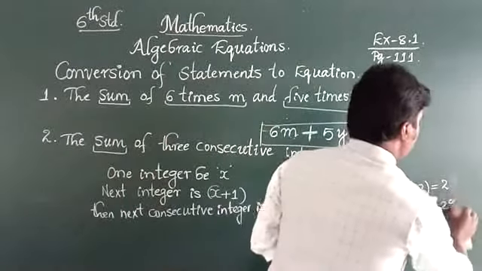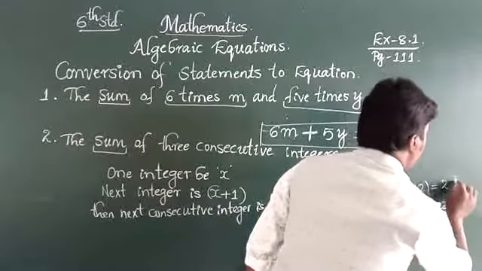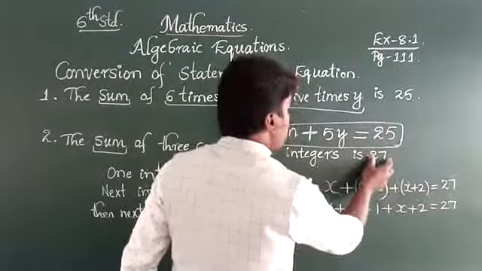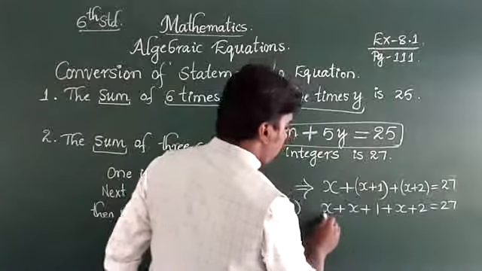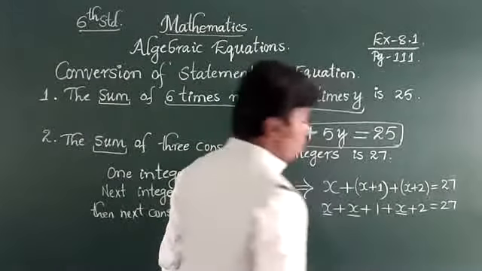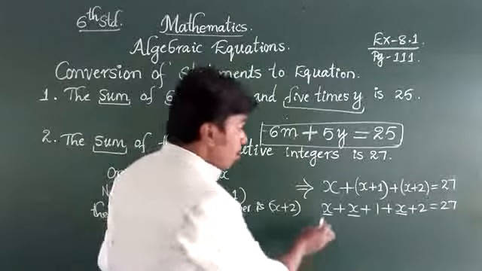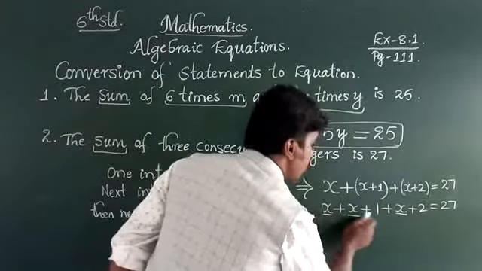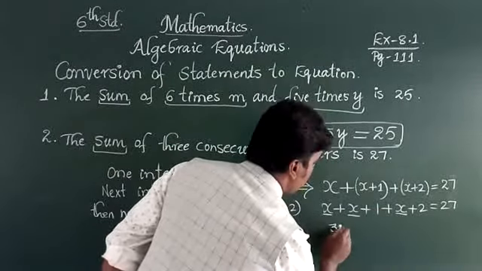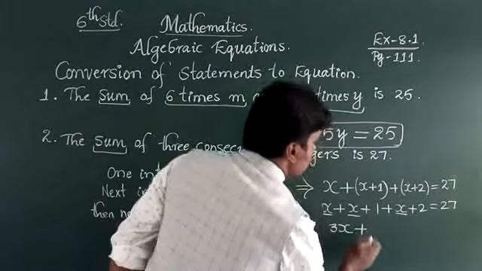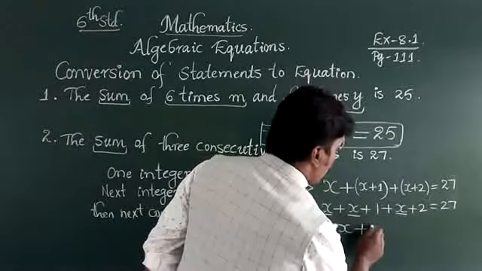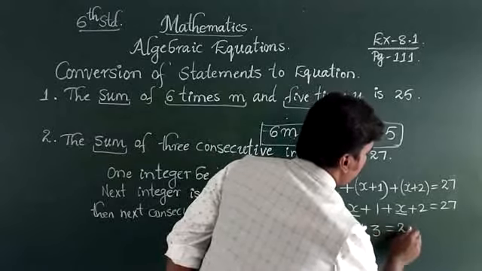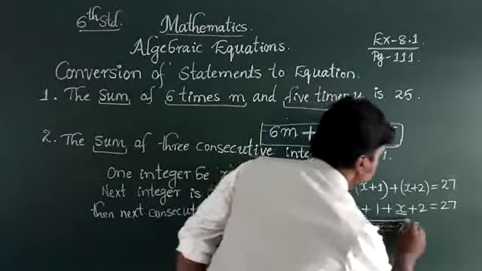They have given 27, so write 27 itself. No need to change the numbers. Here there are 3 x's. The operation is plus, so x plus x plus x becomes 3x, and 1 plus 2 becomes 3. 3x plus 3 is equal to 27.